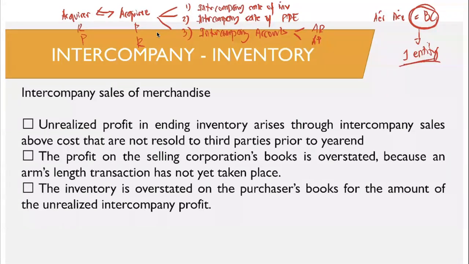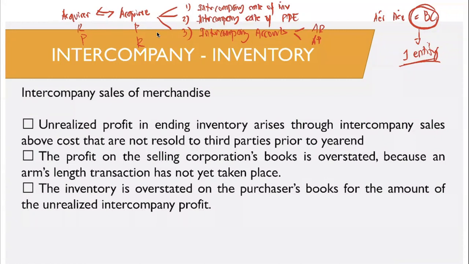Why? Because you cannot sell inventory to yourself. The acquirer cannot sell inventory to the acquiree, or the acquiree to the acquirer. Because they are considered one entity, you cannot sell to yourself. Even if you sell to your acquiree, you consider your acquiree as your own.